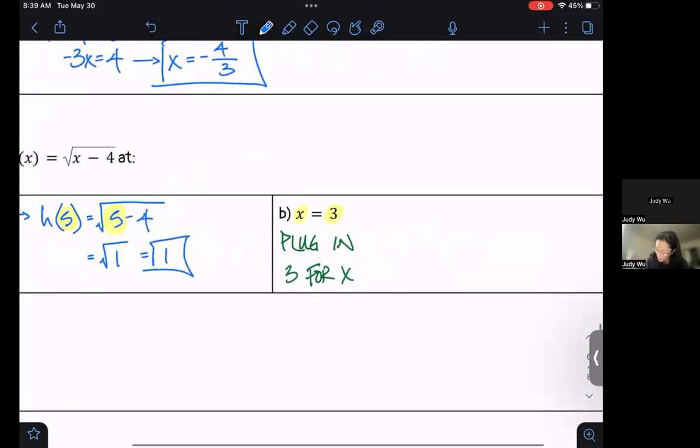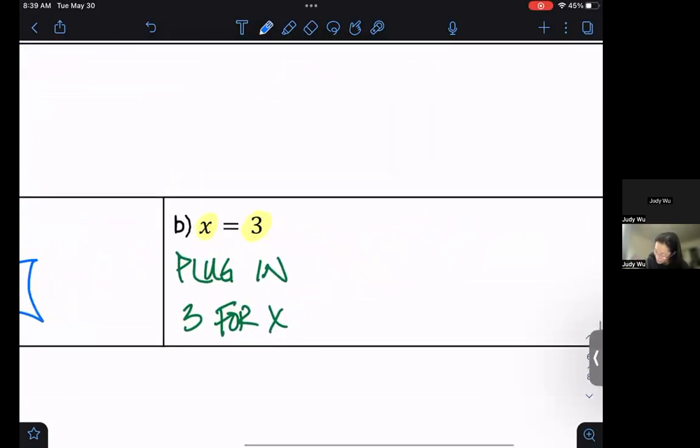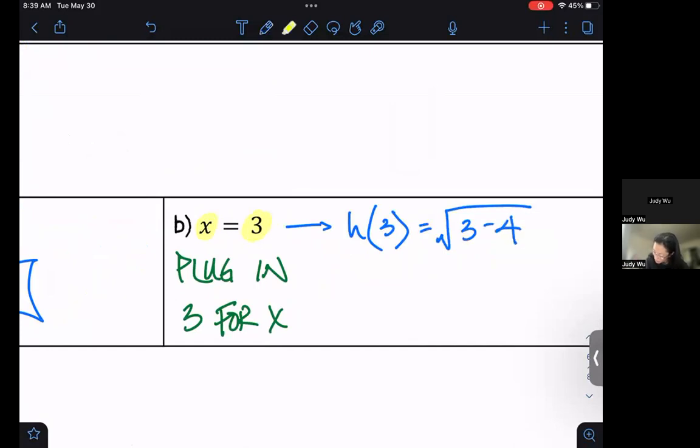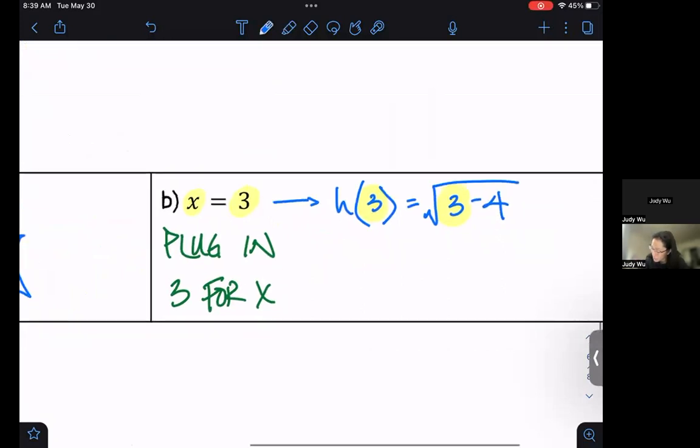So we've got h of 3 equals the square root of 3 minus 4. So plug in 3 for x. Highlight that as a nice visual for us. Let's see what we get. 3 minus 4 is negative 1.